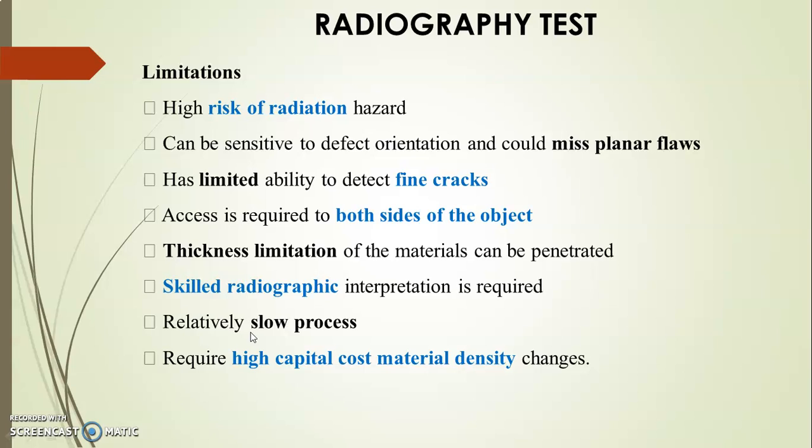That can be interpreted by a skilled radiographic inspector only, and that's why it is required. And it is a relatively slow process and it requires high capital cost. So these are the limitations of radiography tests.